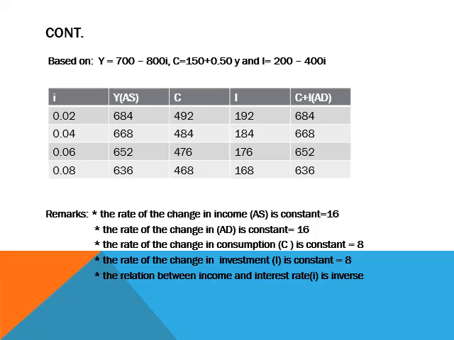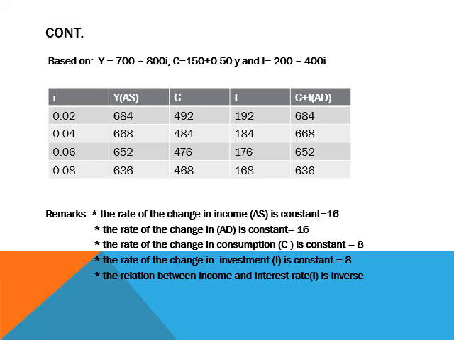Respectively, investment equals 200 negative 400 times 0.6, which is 176. So the summation of C plus I equals 652, which is Y, or aggregate supply.